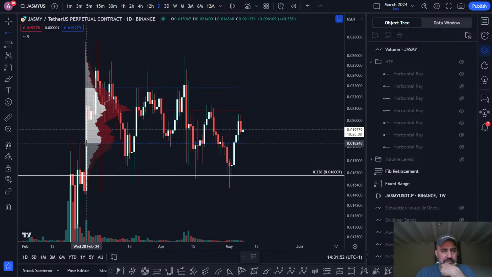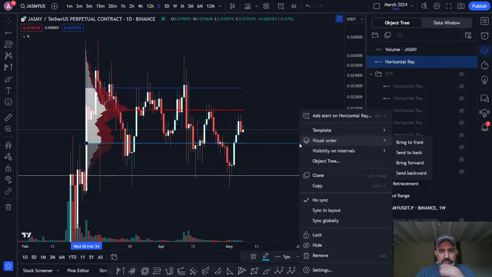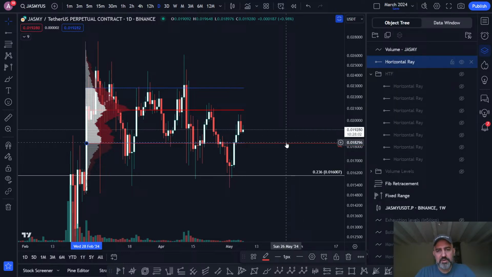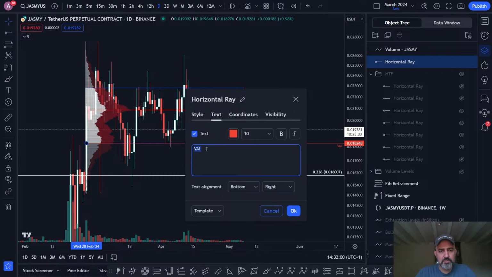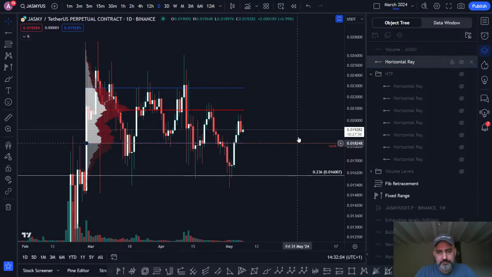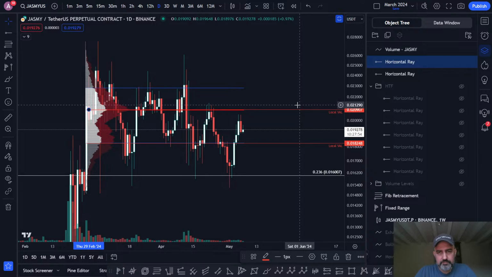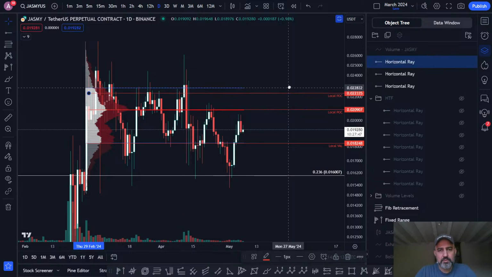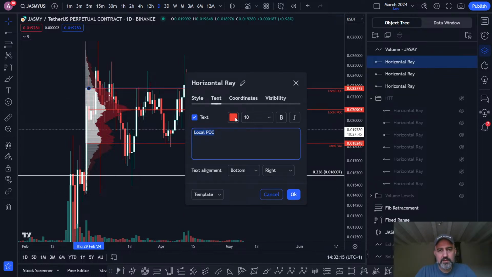So I'm just going to mark this off as well. Value area low. I'm going to rename it to local. Control. Value area high.